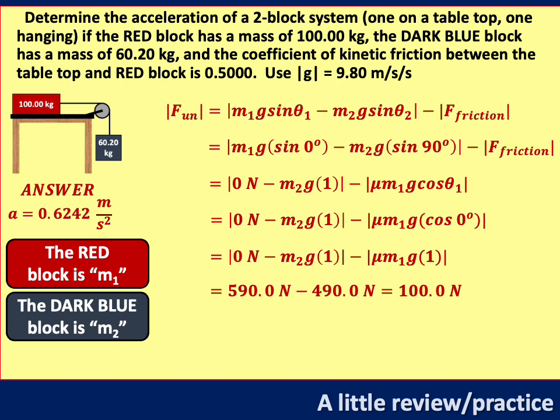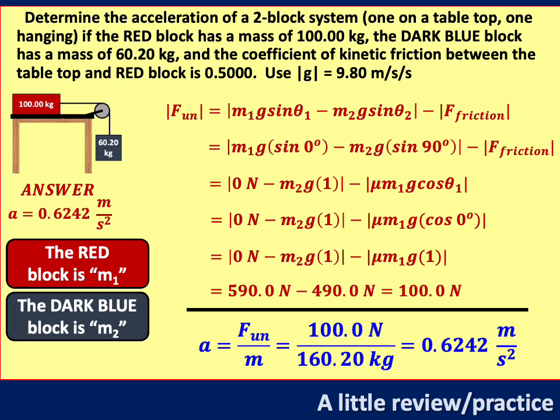So the hanging block, the dark blue block, exerts a force of 590 newtons trying to move this system, and there are 490 newtons of friction. So we only have 100 newtons to play with to make this whole system accelerate. F equals ma. It's not just moving the red block, it's not just moving the blue block, it's moving all of it. And that's what we got.